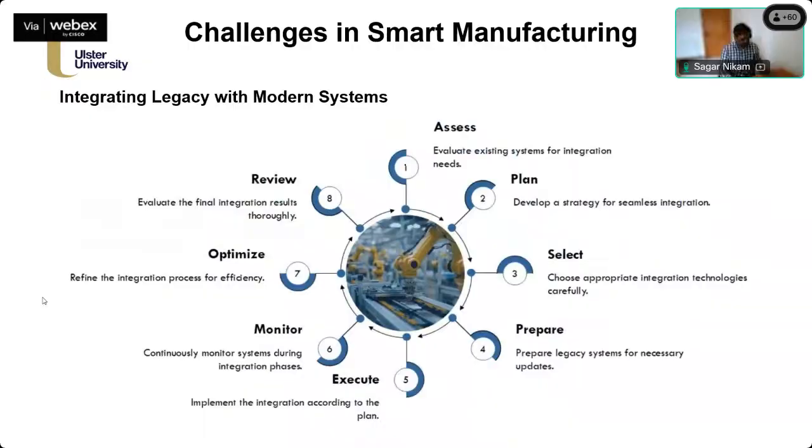The next is about the challenges in integrating legacy with modern systems. Legacy means the old manufacturing systems, or rather, the ongoing, current systems within manufacturing industries. How can we bring modern technology into this old system? As I said before, we're not going to remove the old 100% and bring in the new. If we want to modernize our old system, we currently face challenges.